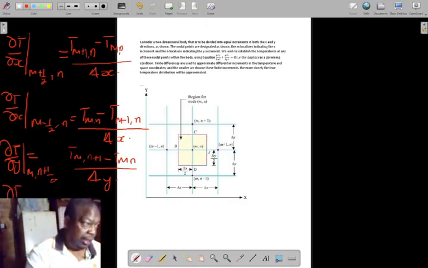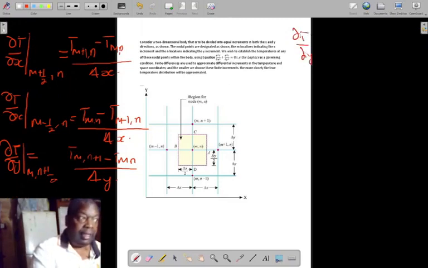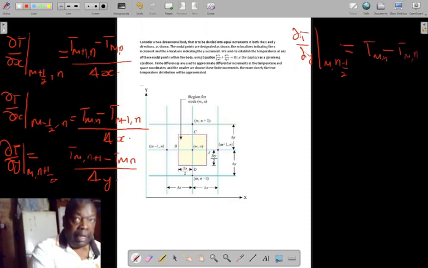Then dT/dy at m comma n minus a half is equal to T(m, n) minus T(m, n-1) all over delta y.